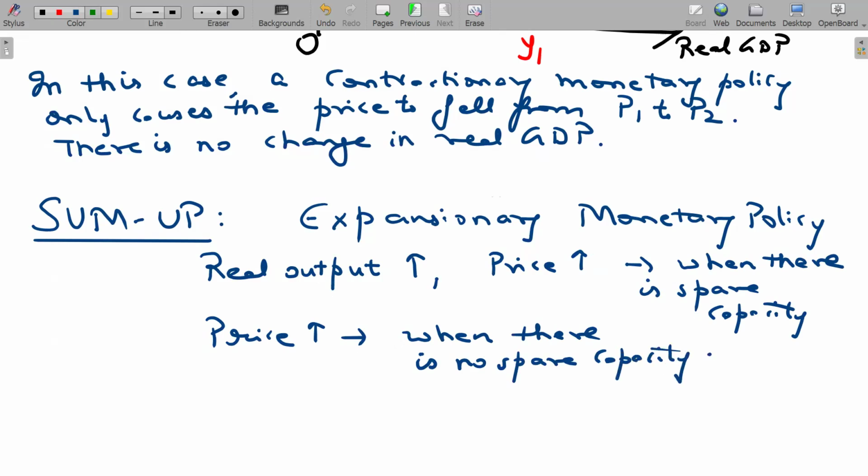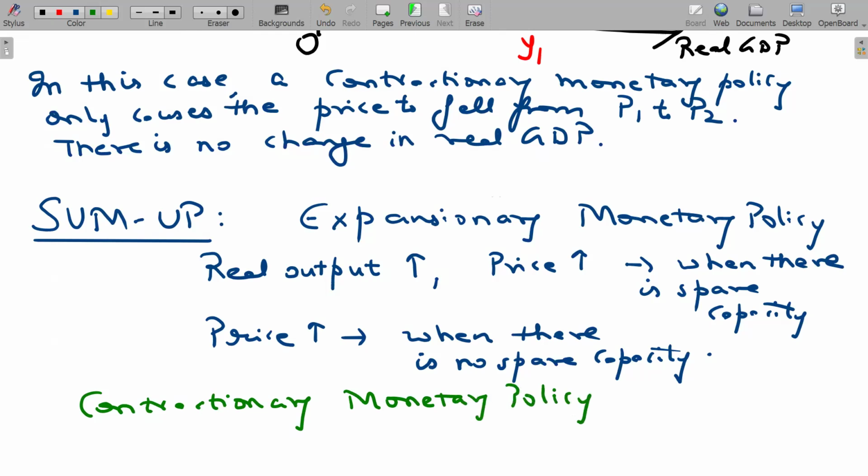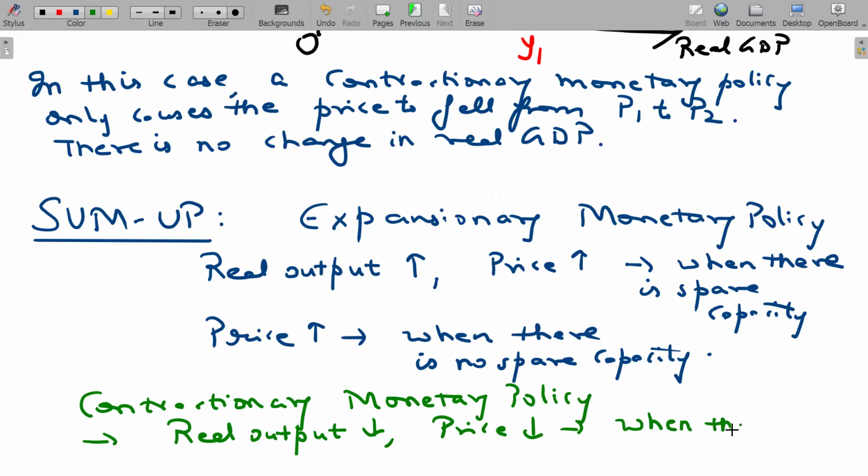On the other hand, a contractionary monetary policy will cause real output and prices both to fall when there is spare capacity.